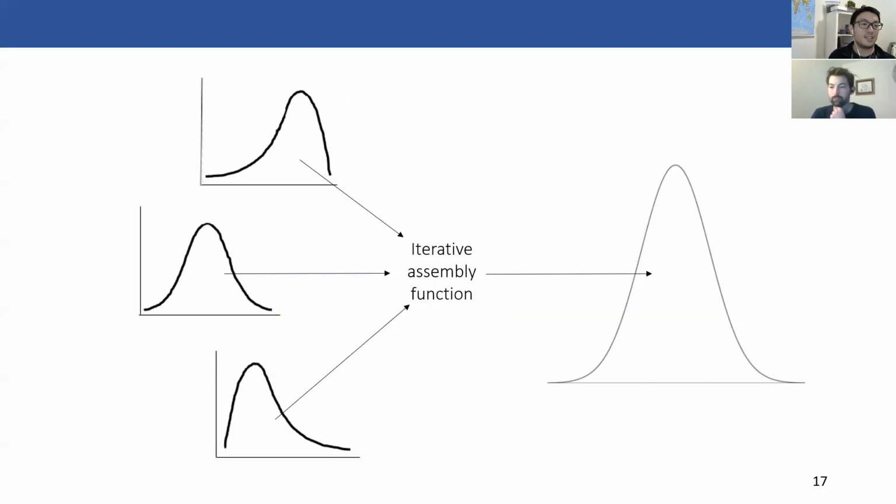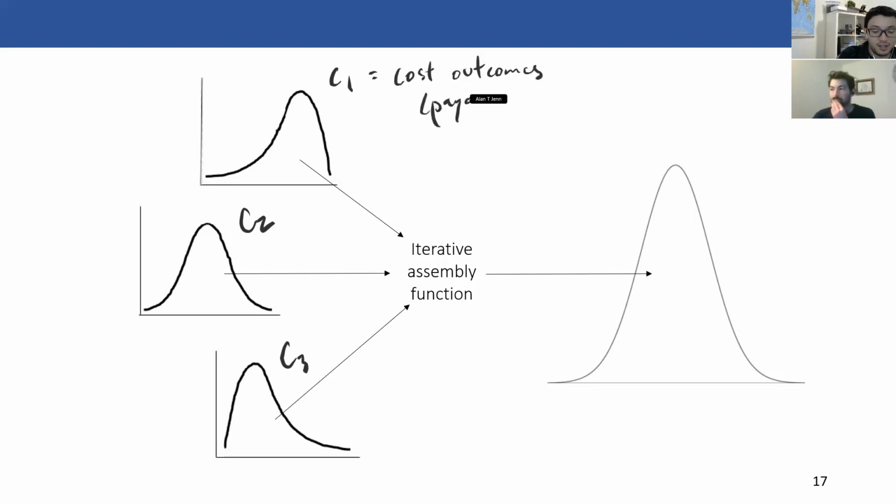This is a super simple diagram of what's going on in a Monte Carlo. Imagine in this particular case that each of these distributions on the left represents an input distribution, for example C1, C2, C3. These might be your cost outcomes, like the payoff in the previous examples.